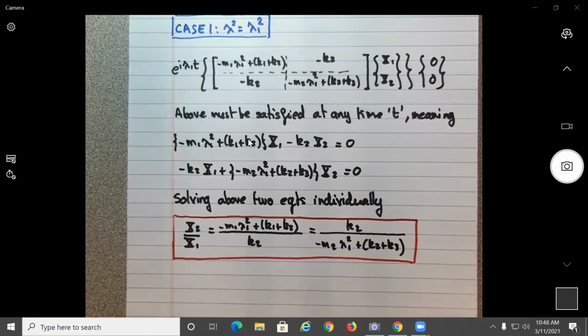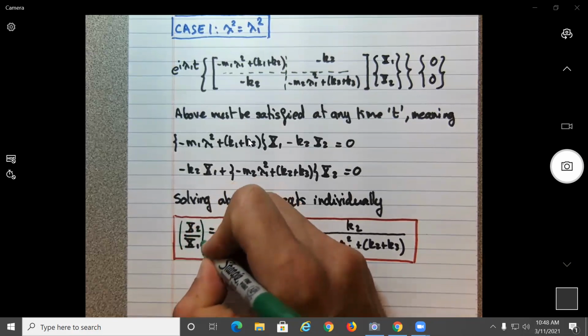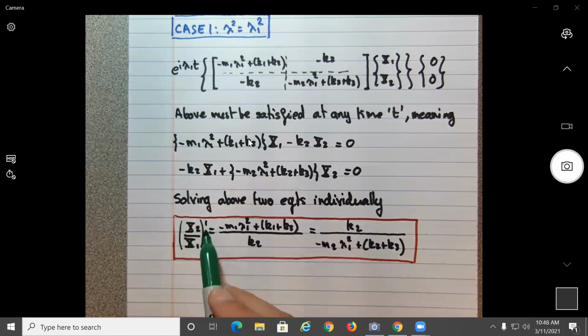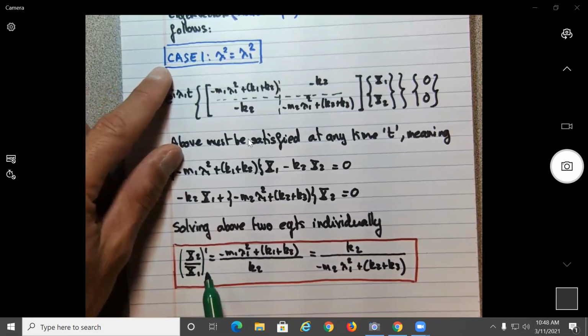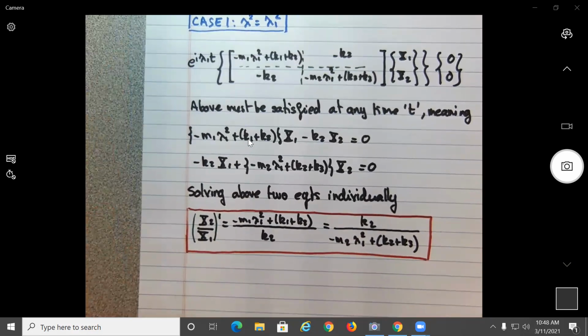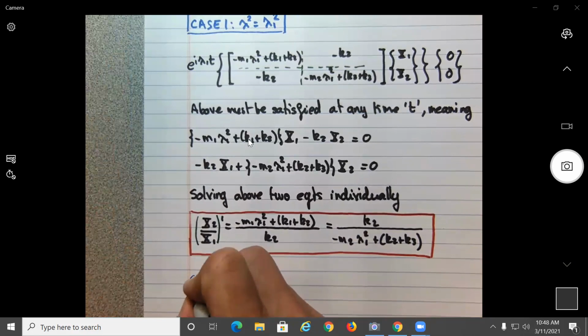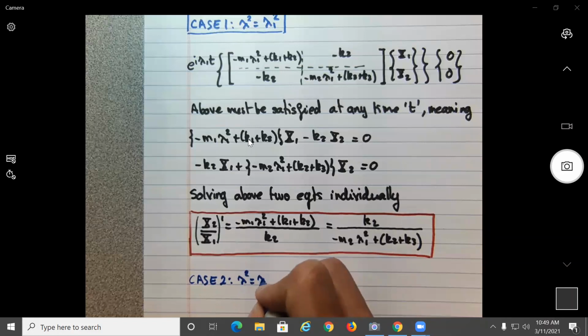And here I'm going to add one little thing of notation. I'm going to add a 1 here, just meaning that this value of x2 over x1 is found for case 1. So now, what will be case 2? Case 2 will be when lambda square is equal to lambda sub 2 square.